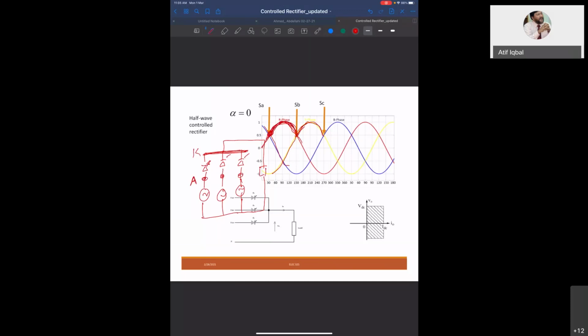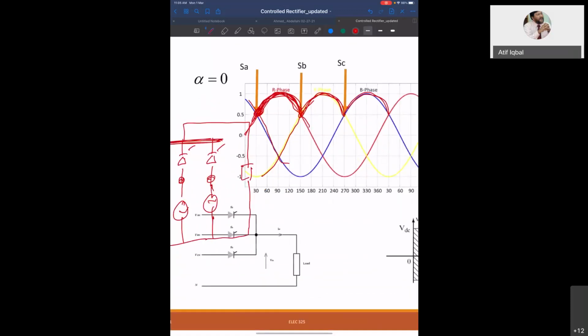From here to here, phase B is most positive, and from here to here, phase C is most positive. I write here R phase, yellow phase, and blue phase; you can call it A, B, and C phase. So from this angle to this angle, in this duration, phase A is most positive. Any thyristor that is connected to phase A will operate in this region.